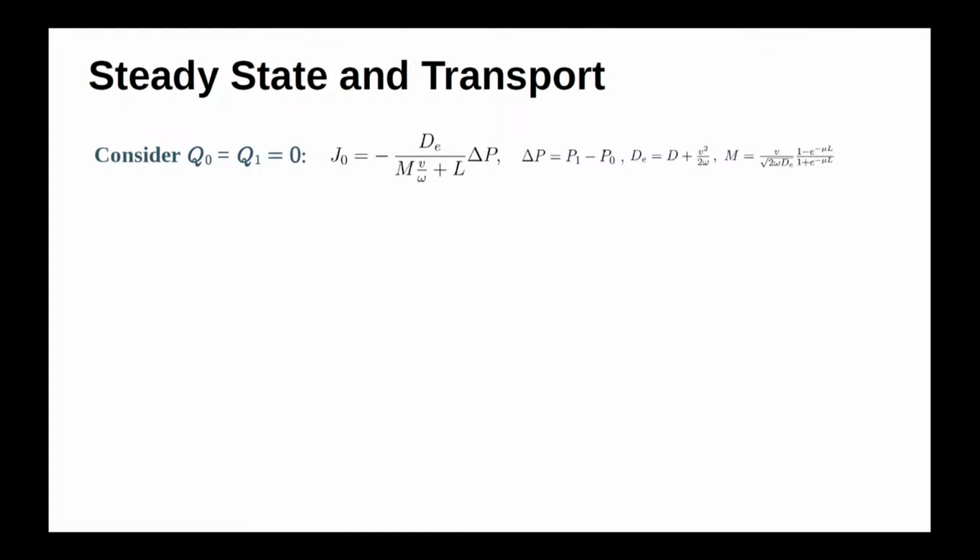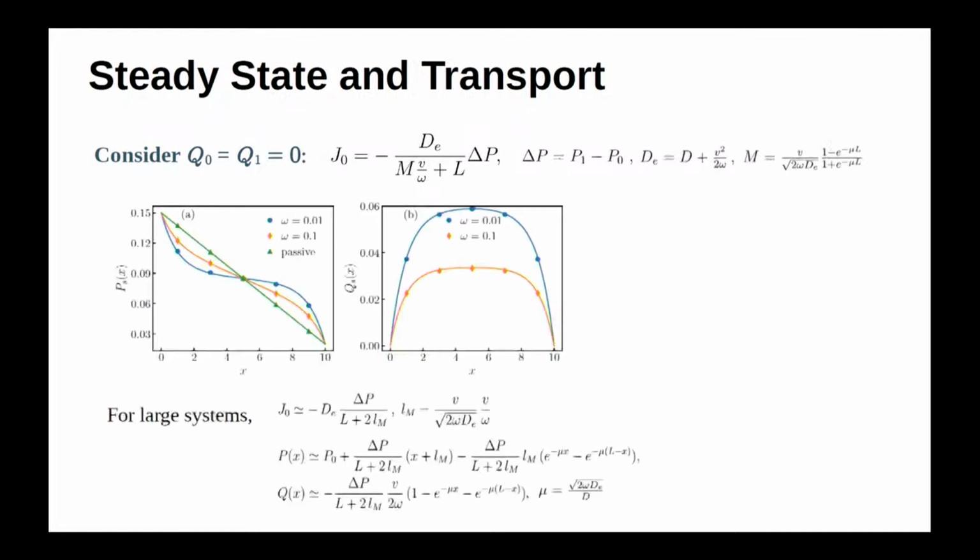With this boundary magnetization, the current is very much like a diffusive current. It depends on the density difference of the two boundaries. There is this well known effective diffusivity, and it is divided by the length, which is slightly modified by a constant. So for large system size it is effectively a diffusive current, very much like passive. So, not much of a difference apparently.